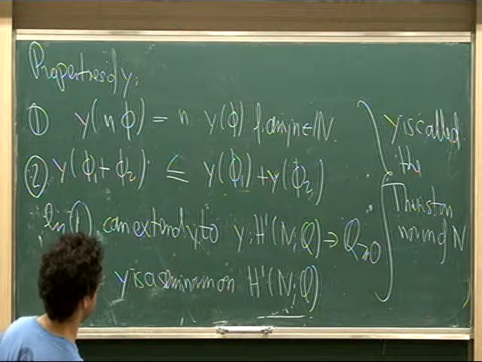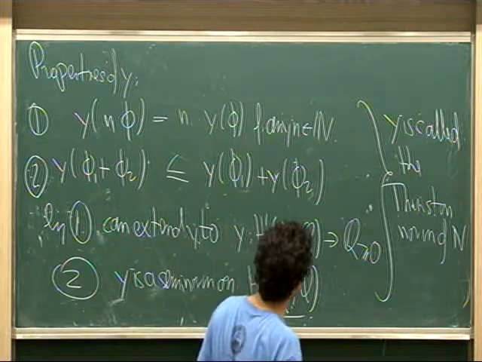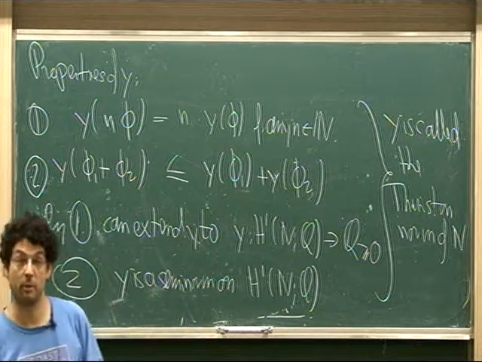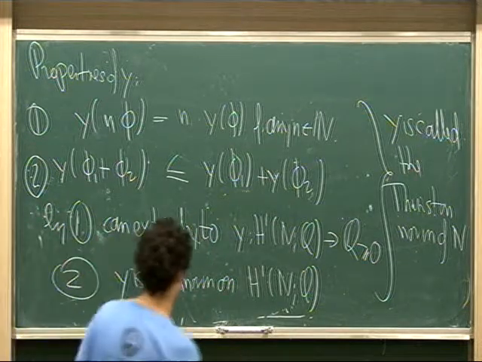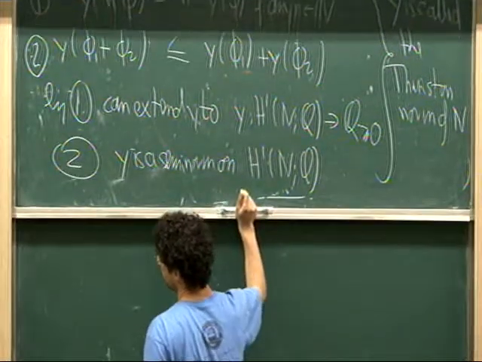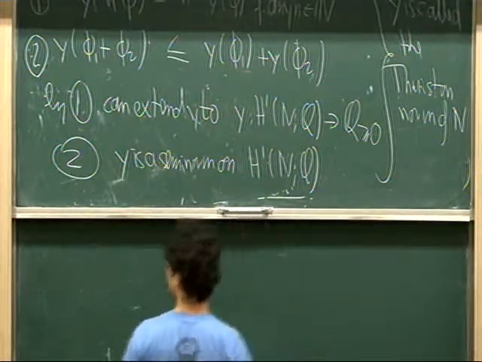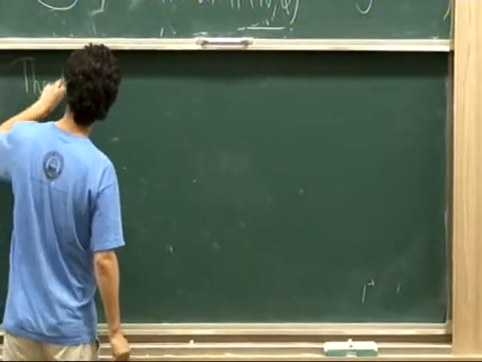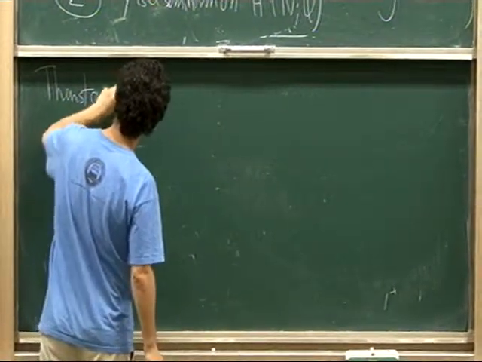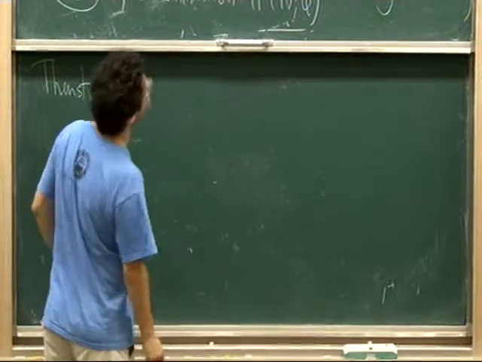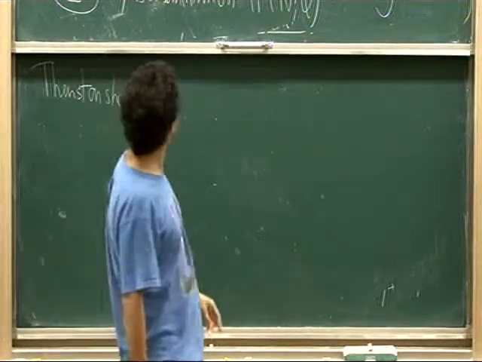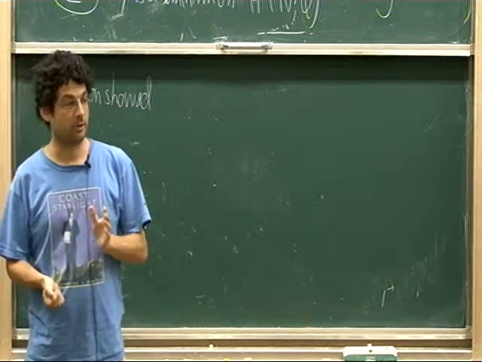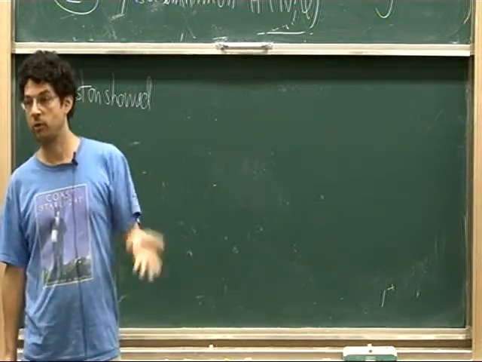Okay, so that's a very simple definition in many ways, but it turns out it has a couple of very nice properties. What Thurston showed is the following. If you have a semi-norm or a norm, you can describe it by its norm ball.